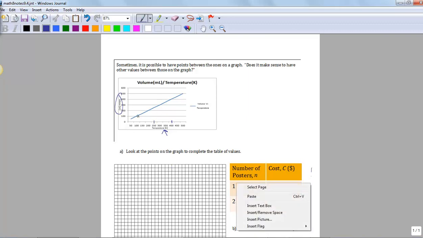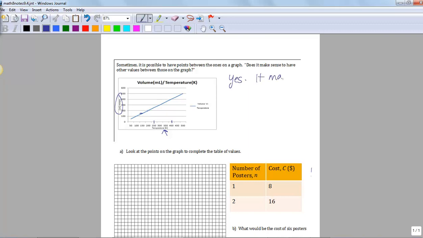Can you have a volume between 100 and 200? Yep, you sure can. It makes sense. So in this case, we'll say yes. It makes sense. You can have volume between 200 to 300 milliliters, positive you can.